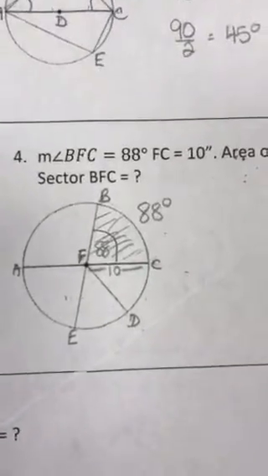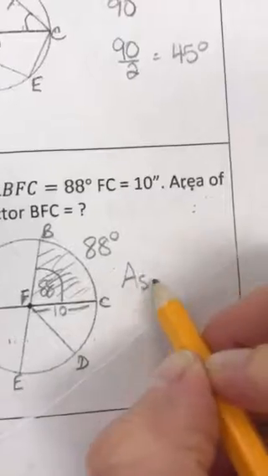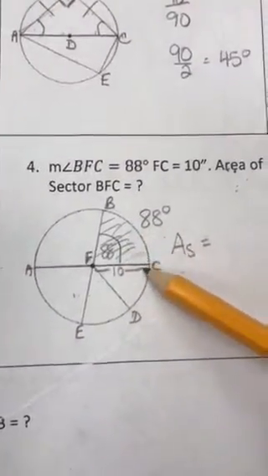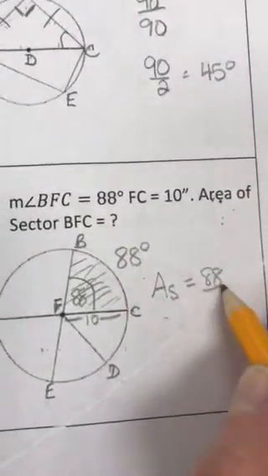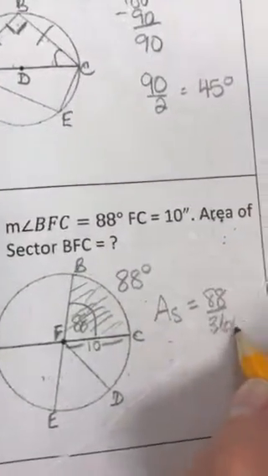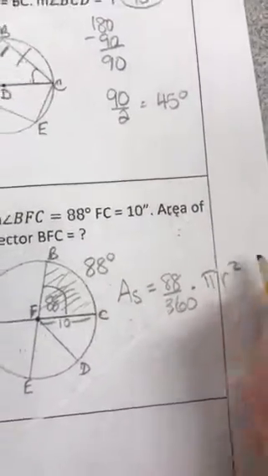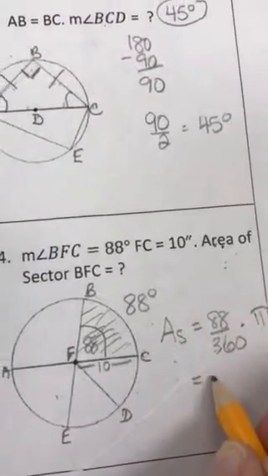So when we're finding the area of a sector, we are finding the part of the area. So what part of the circle do I have? 88 over 360 times the area, pi r squared. The radius is 10, so I'm going to plug that in.